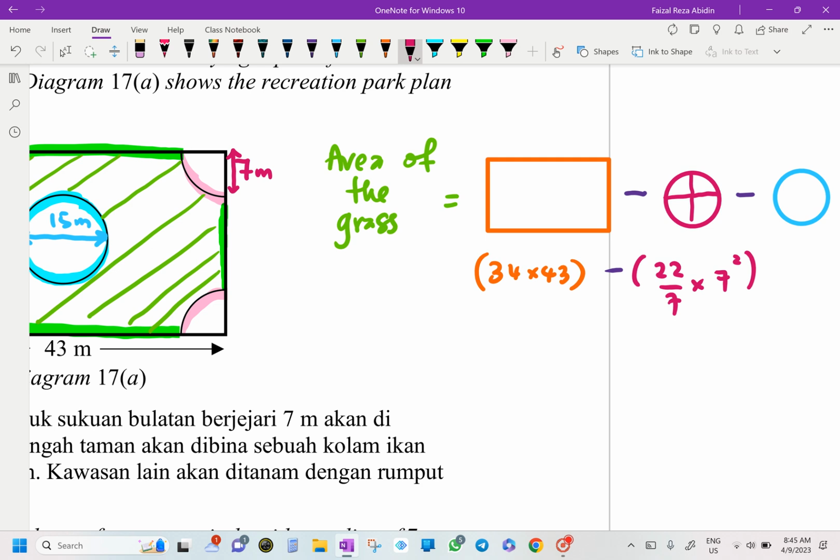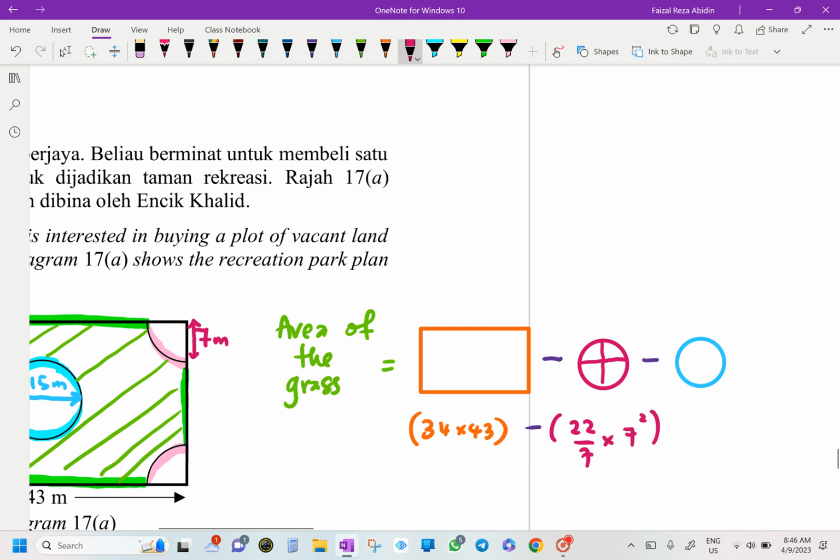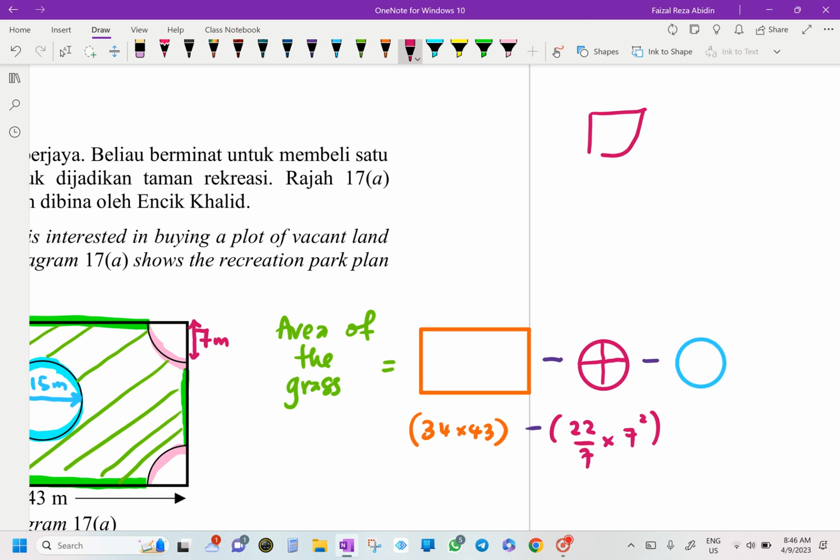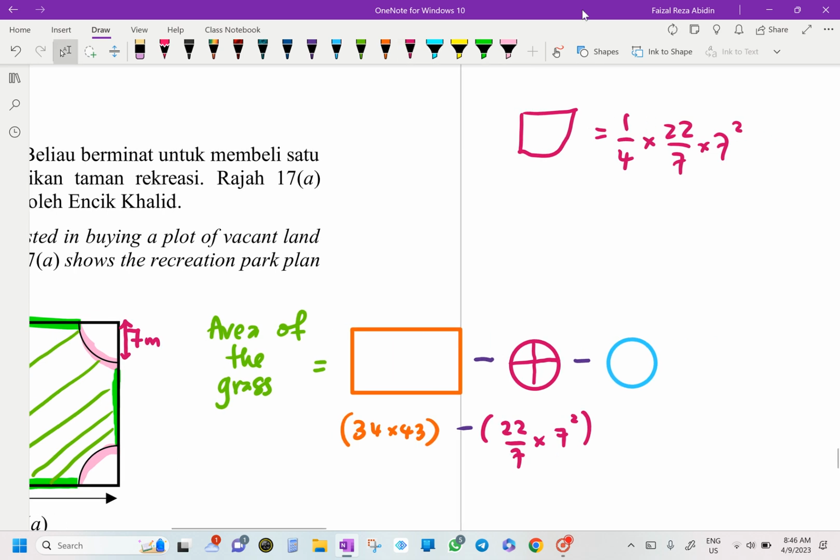No, because that one is for 4 quadrants. If you find 1 quadrant only, it is 1 over 4 times 22 over 7 times 7 square. So when you times by 4, the 4 and 4 finish, so straight away you find for 1 circle only.